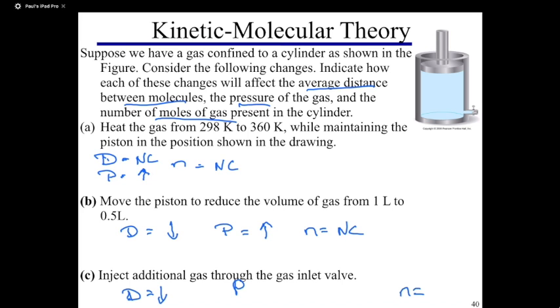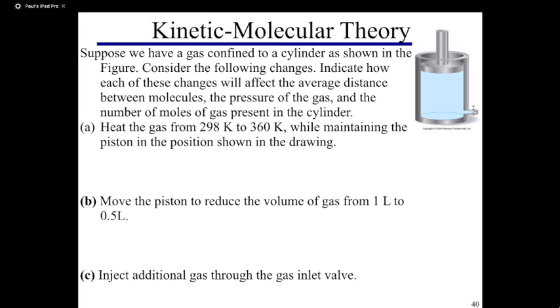It has to go up. What happens to the number of moles? It increases. So we can think about these changes in the gas either through an equation, if I'm given all the numbers, or theoretically, thinking about what would happen to the small molecules bouncing around in the container.